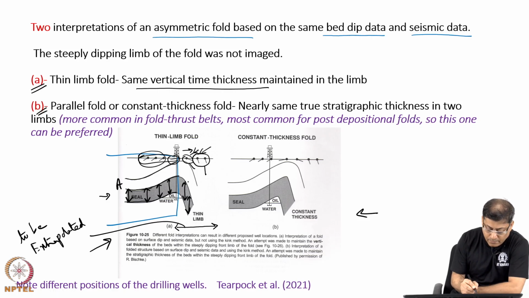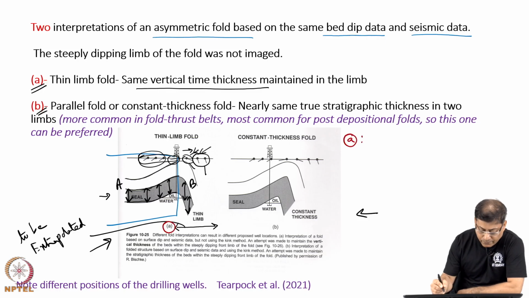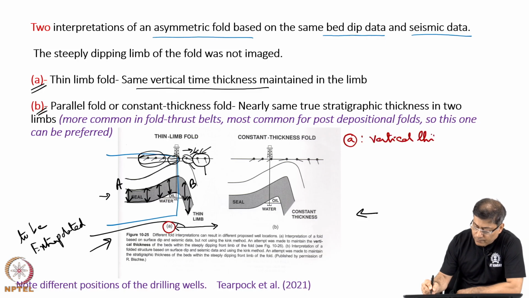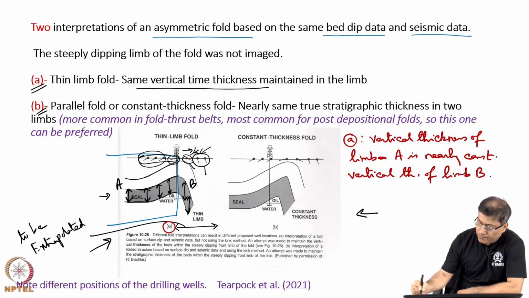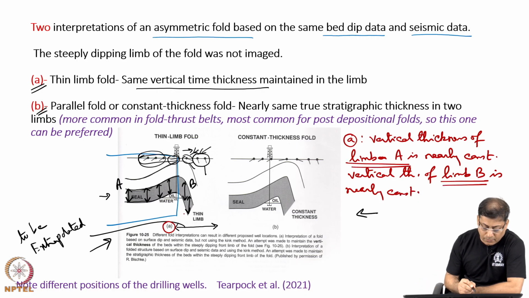Call this limb A, that limb B. In possibility A, the vertical thickness of limb A is nearly constant and the vertical thickness of limb B is nearly constant, and there is no guarantee that limb A's vertical thickness and limb B's vertical thickness are equal. In fact, they are unequal as per this diagram.